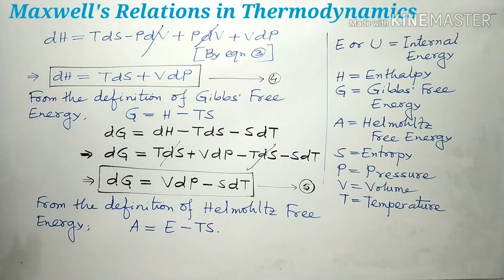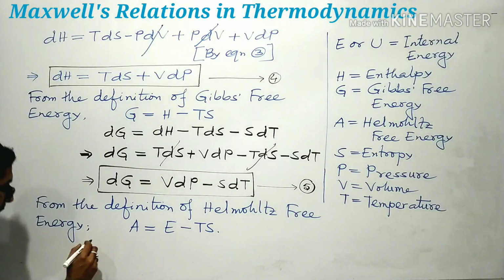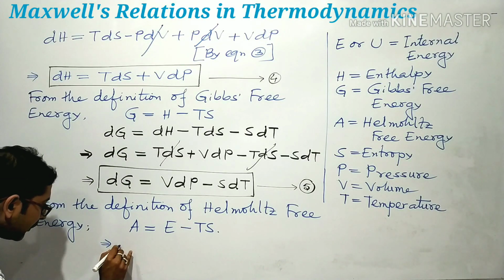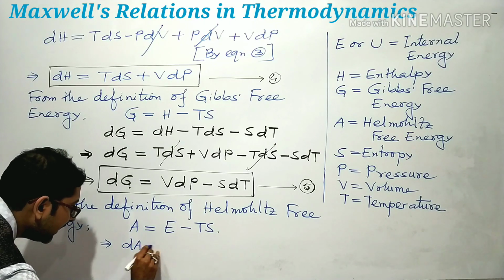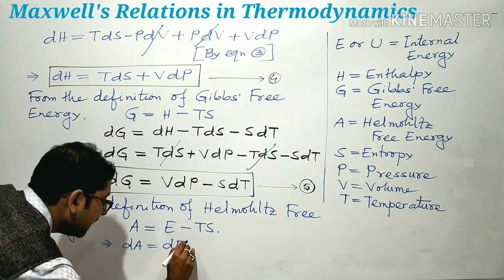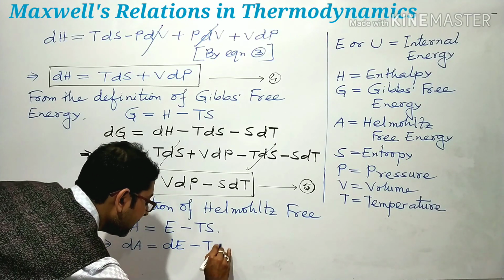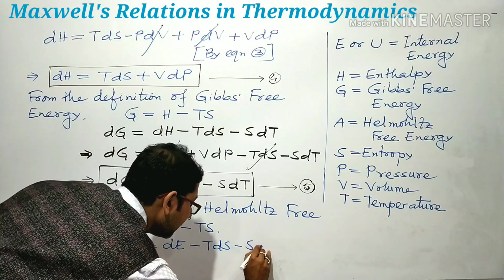E means internal energy, and temperature and entropy. Now differentiating the terms, we have dA equal to dE minus TdS minus SdT.